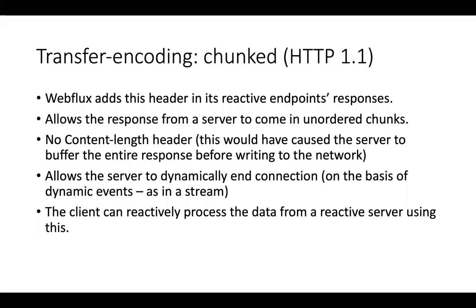What this transfer encoding chunked header does is that it will allow the responses to come in chunks, and no content length header would be specified. So basically the server would be at liberty to dynamically end the connection whenever it wants.